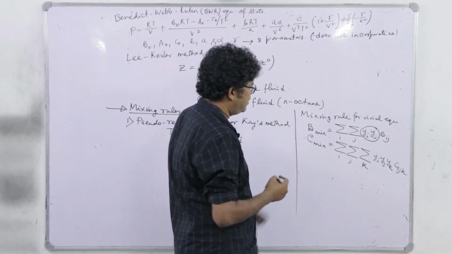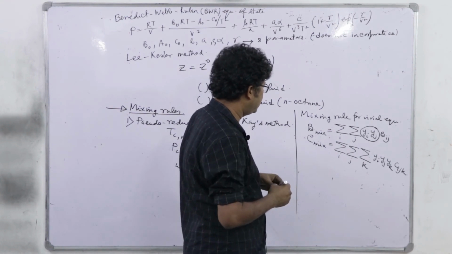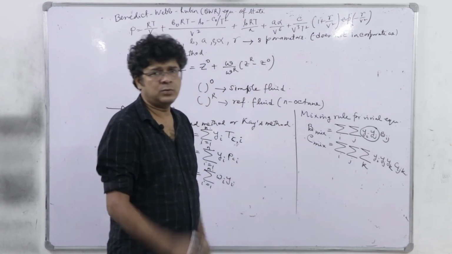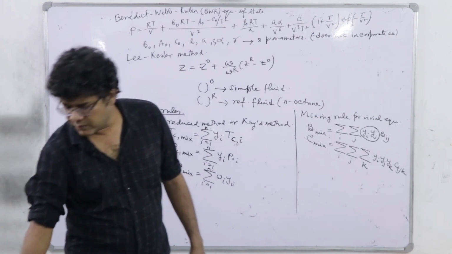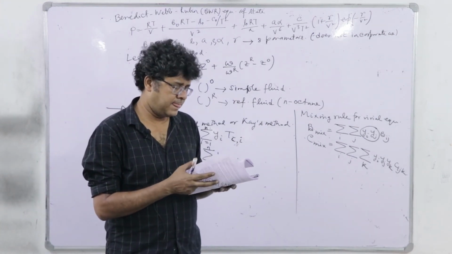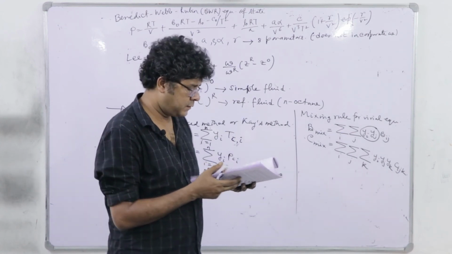Bij is B11, B22, B12. So, how B12 was solved, we have already described, and that was the Prausnitz mixing rule.